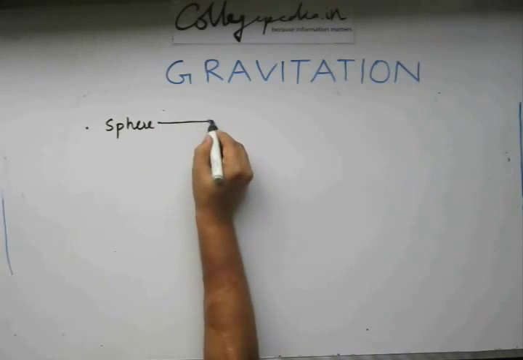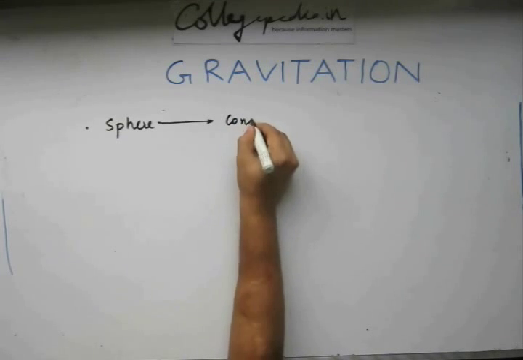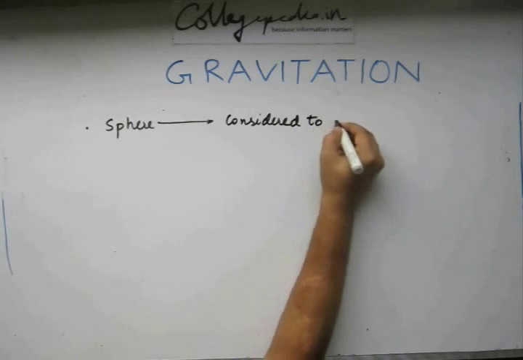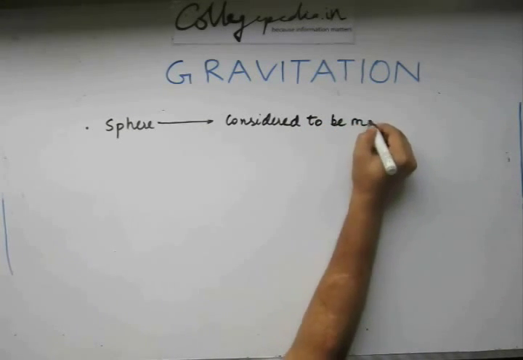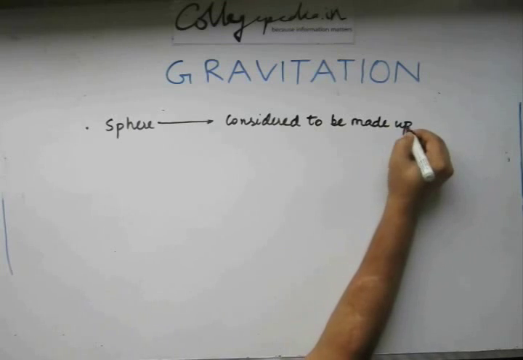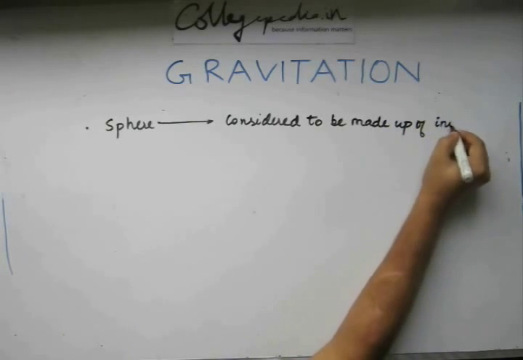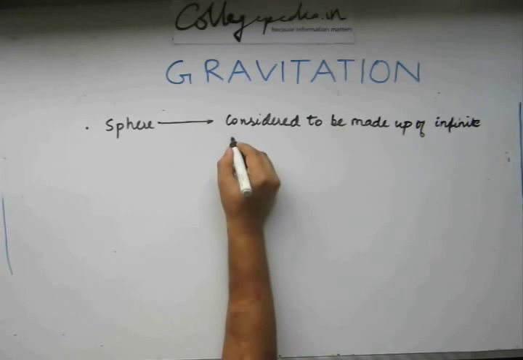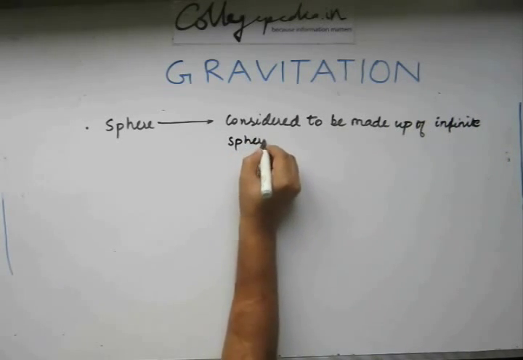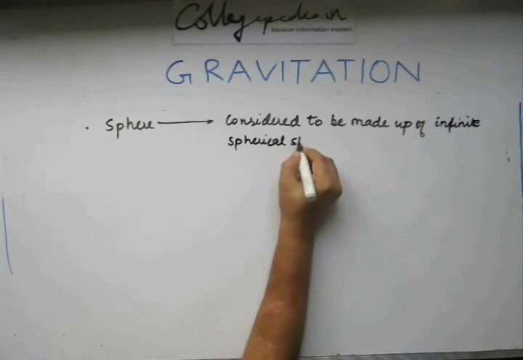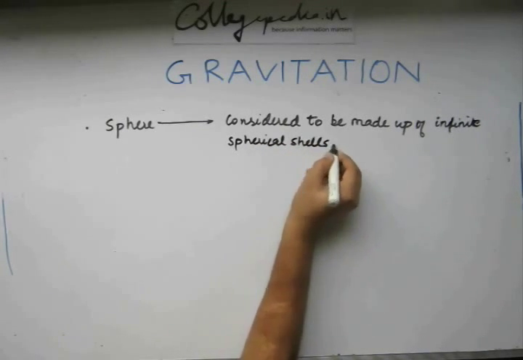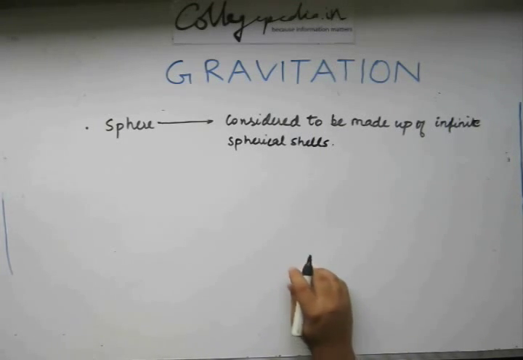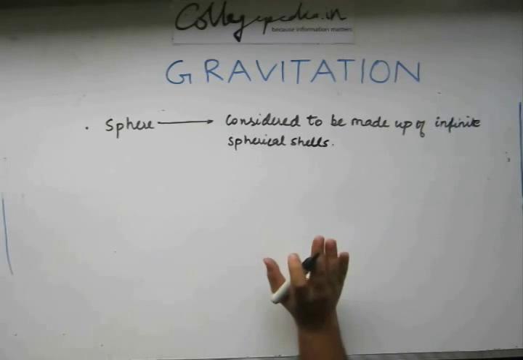A sphere can be considered to be made up of infinite spherical shells. These spherical shells will together constitute a sphere.